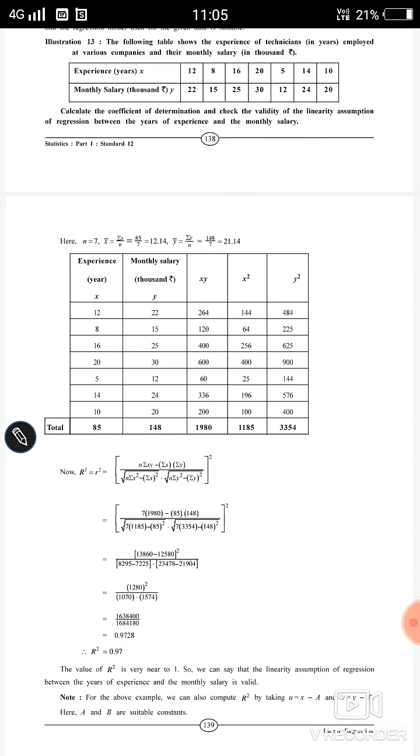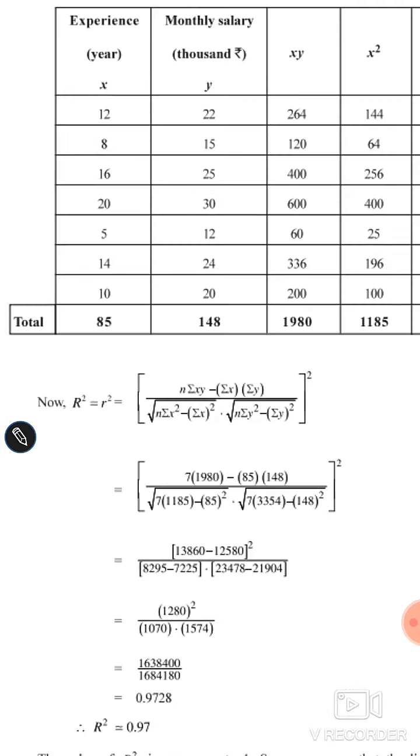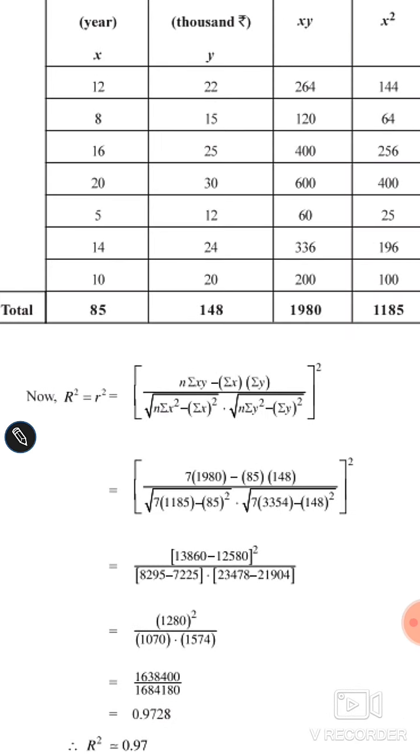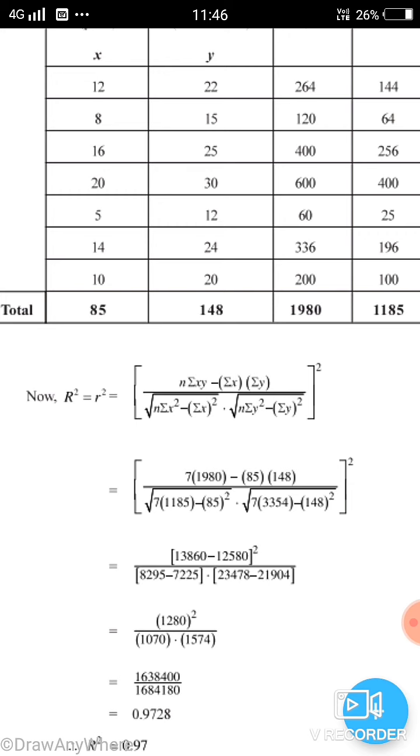First of all, we write down the formula: n sigma xy minus sigma x into sigma y upon square root of n sigma x square minus sigma x whole square into n sigma y square minus sigma y whole square, and whole square of the formula, that is our R square.